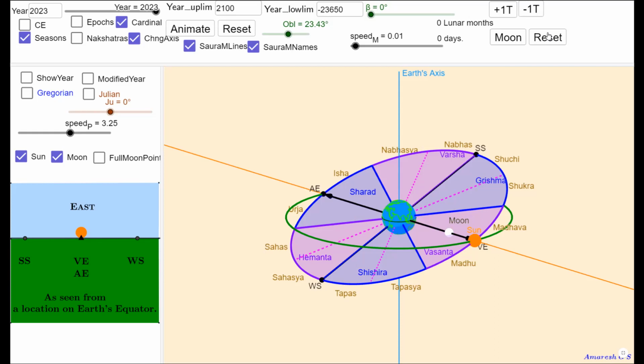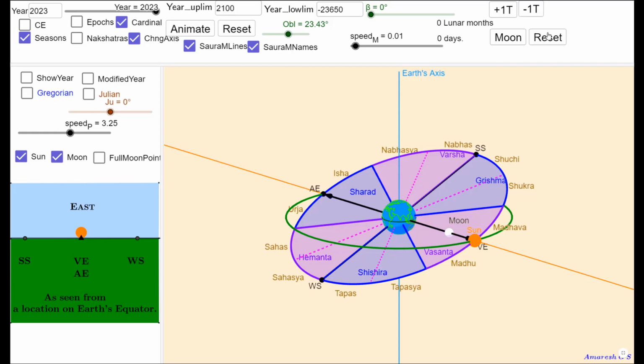And why is that? Because change of position of the moon is very frequent, every day, and using that, it's easy to keep track of time in comparison to the sun. However, the seasons are truly due to the position of the sun.